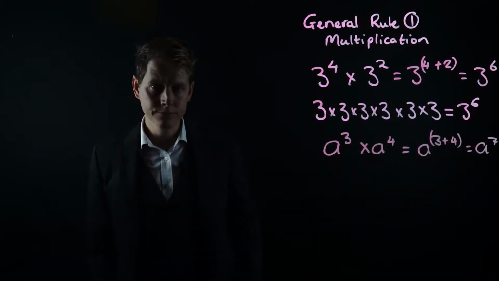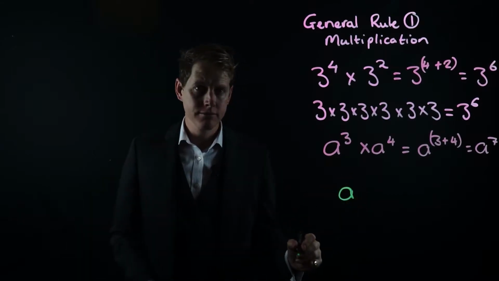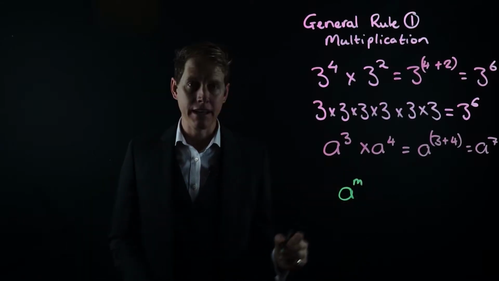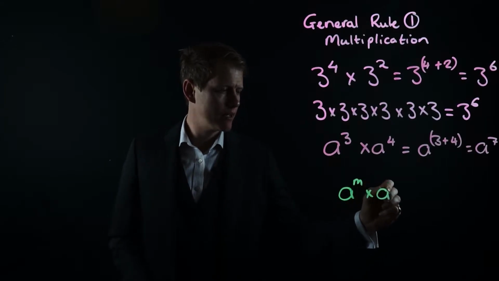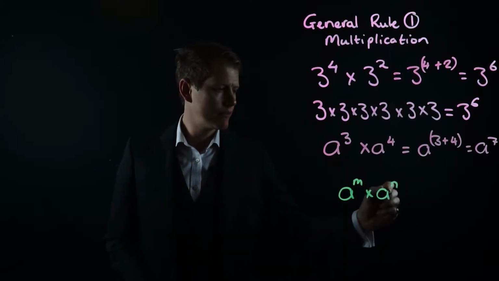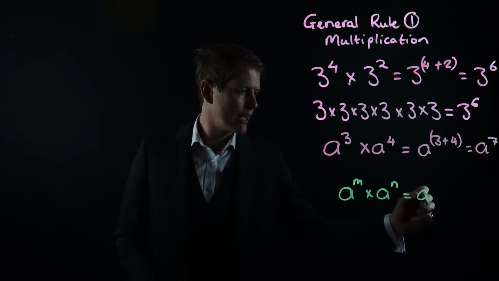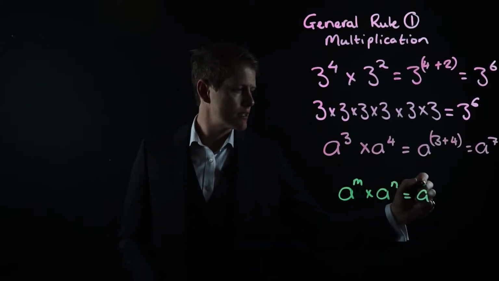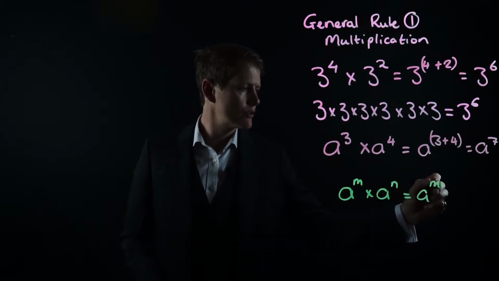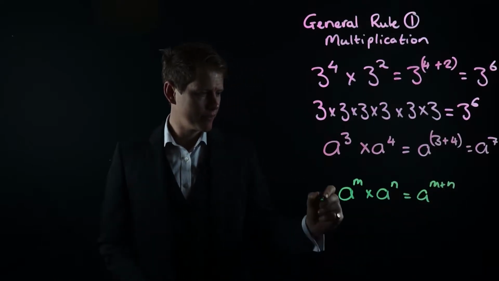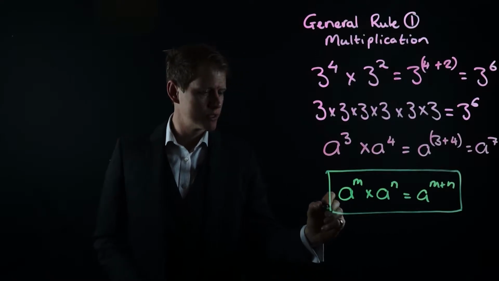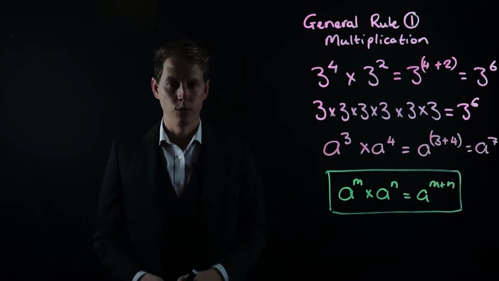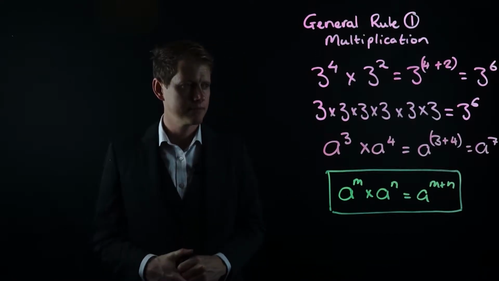So, in general, any number to the power of any number multiplied by the same number to the power of any number can be simplified by doing that base to the power of the two numbers added together. That's our first general rule and is very important in getting us underway with the laws of indices.